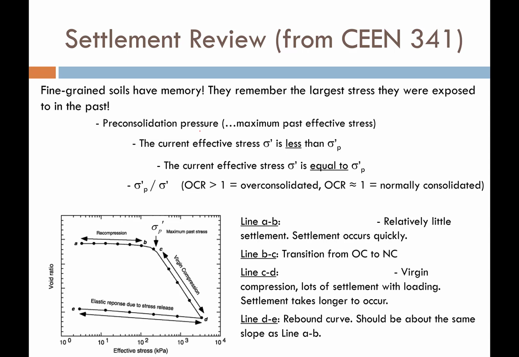And that largest stress that it was exposed to in the past is what we call sigma prime p, or sometimes sigma prime c. That's called the pre-consolidation stress, or the pre-consolidation pressure. It's the maximum past effective stress that the soil has ever felt. And it marks the boundary between this low change in void ratio and this high change in void ratio.